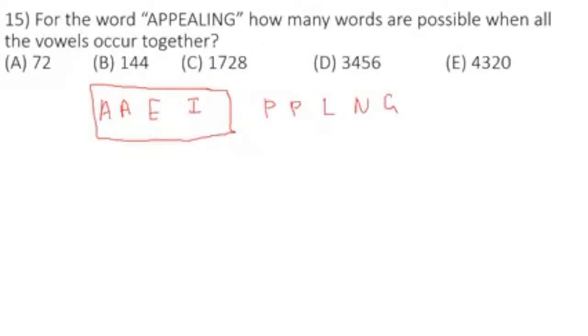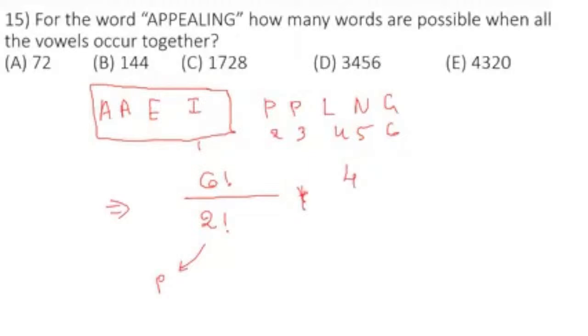So remember, the number of ways of arranging this is 6 factorial by, because I need to consider these as 6 units. So 6 factorial by, how many P's are repeated? 2 P's are repeated. And within the box, how many letters are there? 4 letters. 4 factorial by, how many are repeated here? 2 A's are repeated.